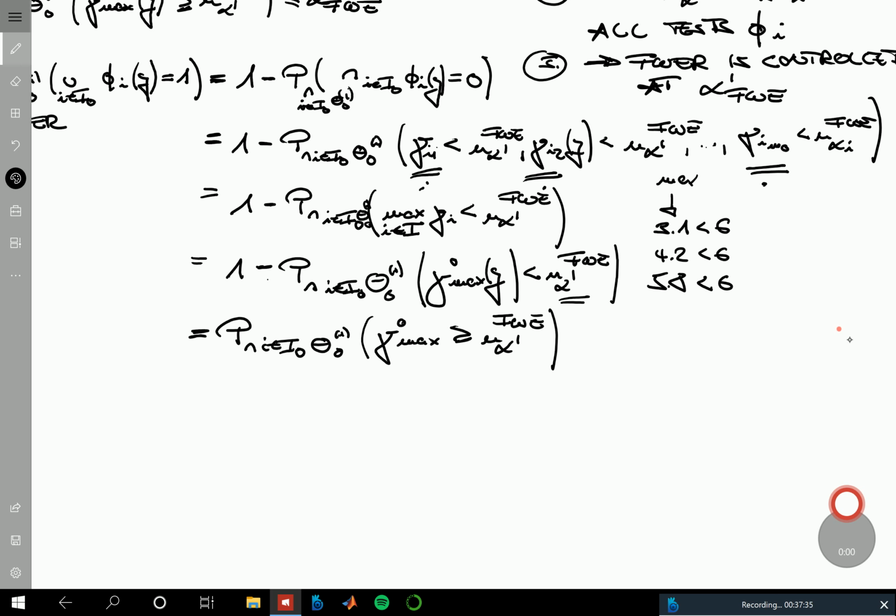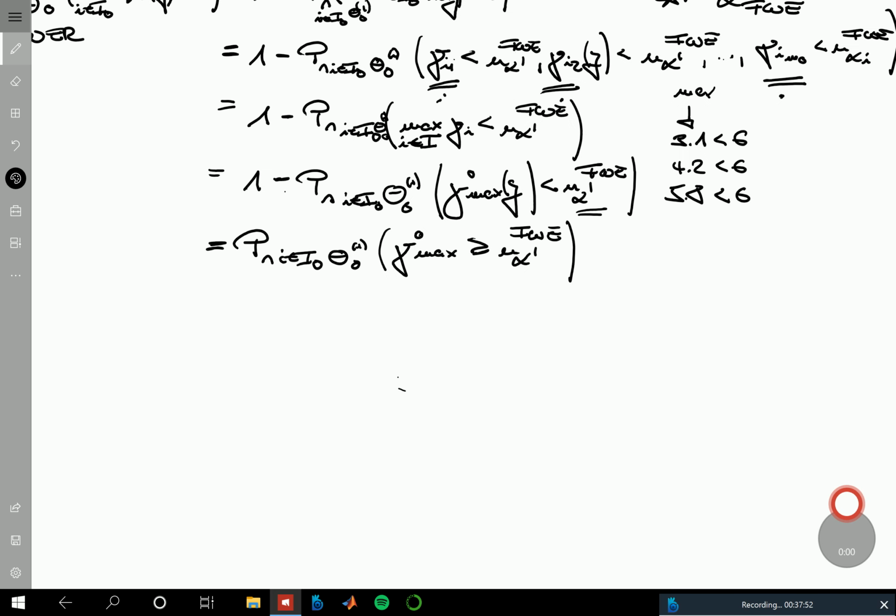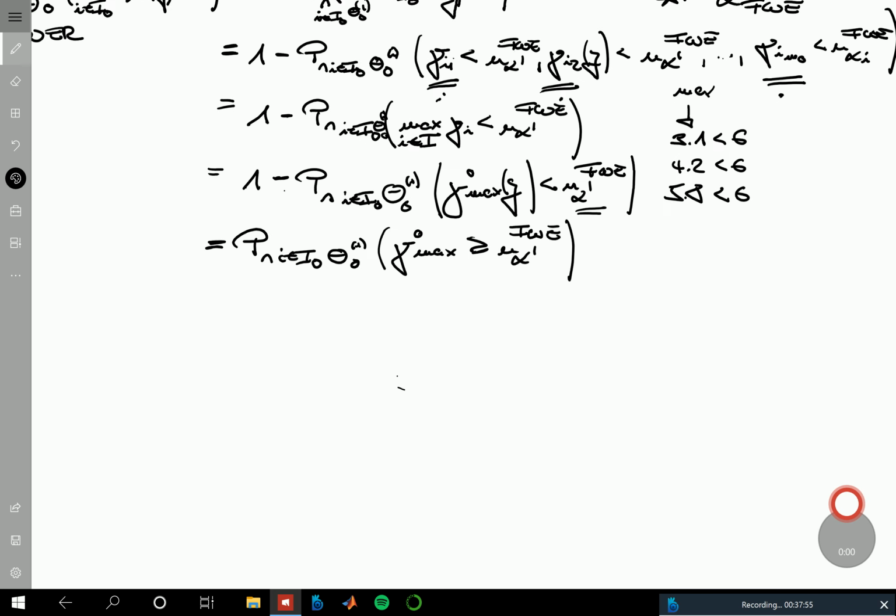So here we have the probability that the maximum statistic is smaller than this, and we have 1 minus the probability that the maximum statistic is equal to or larger than this critical value, because either it's smaller than or it's equal to or larger than.